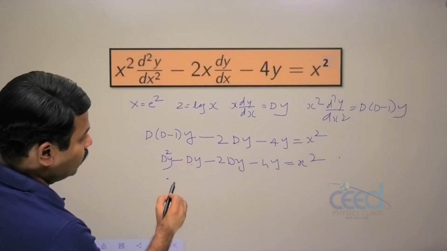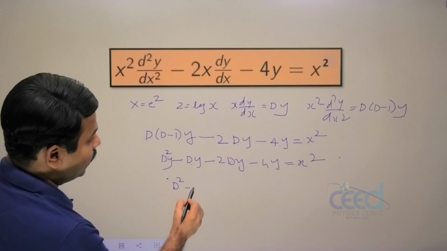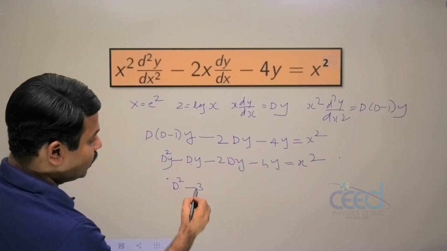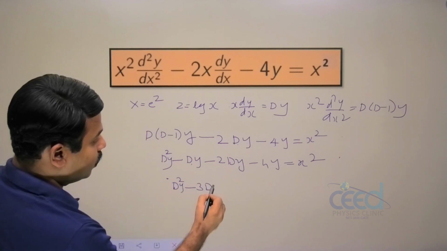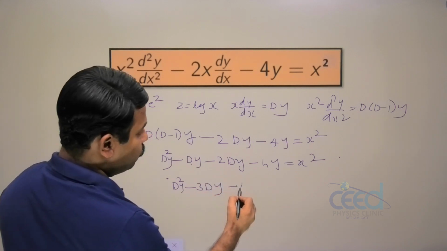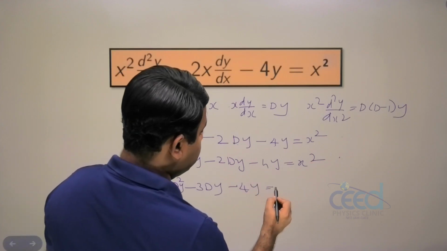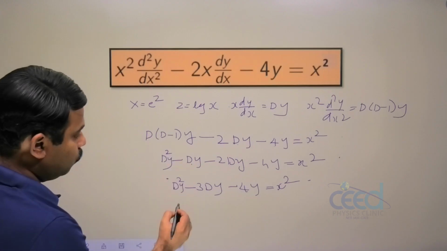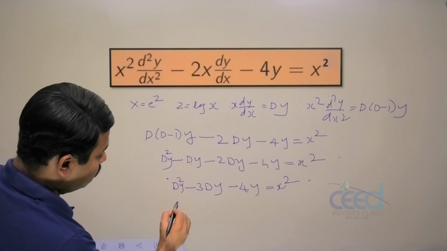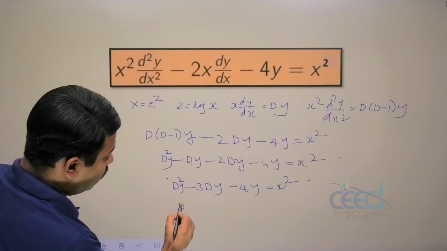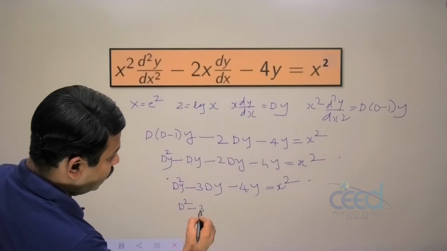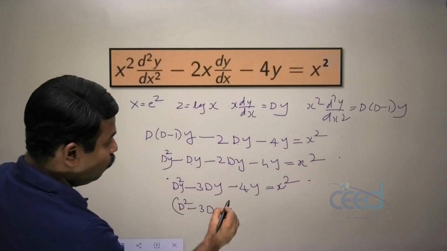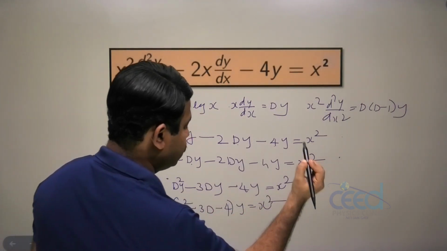Then D square minus 3D minus 4y equal to x square. Now you can write this as D square minus 3D minus 4 into y equal to x square.